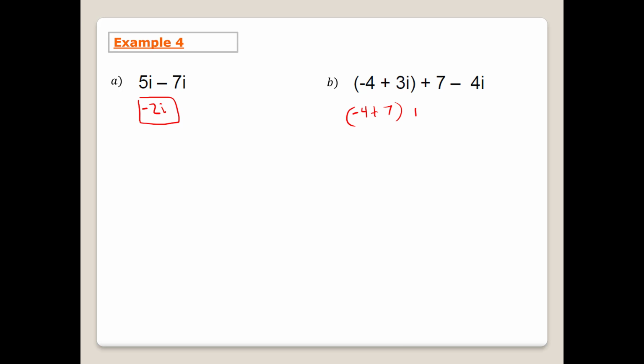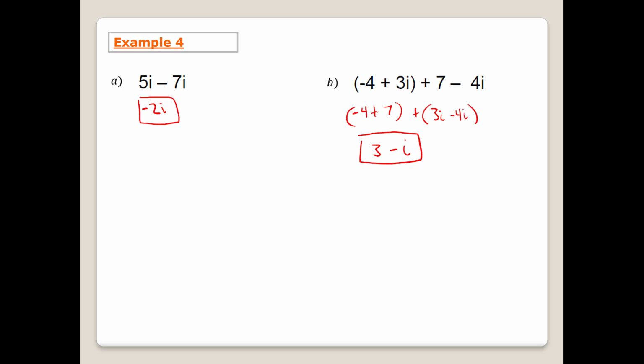And then we'll say plus 3i minus 4i. Negative 4 plus 7 should give us a 3. And then 3i minus 4i should give us minus 1i. So we'll say one imaginary number, so 3 minus i.